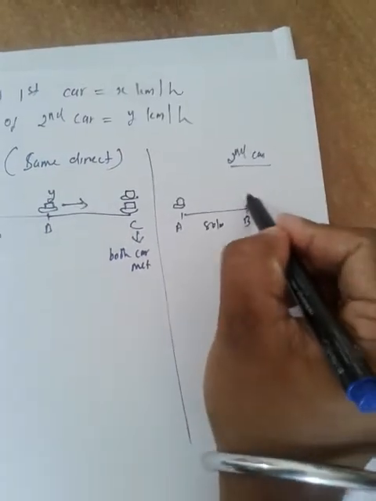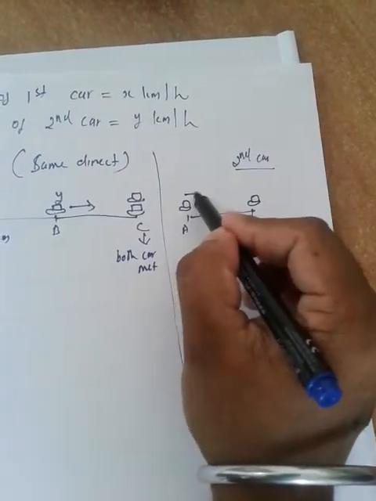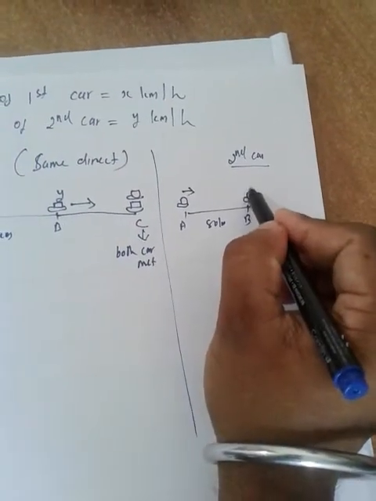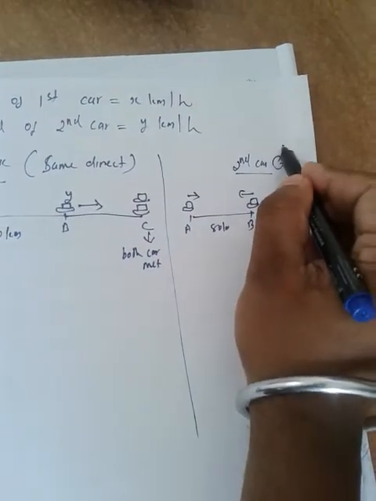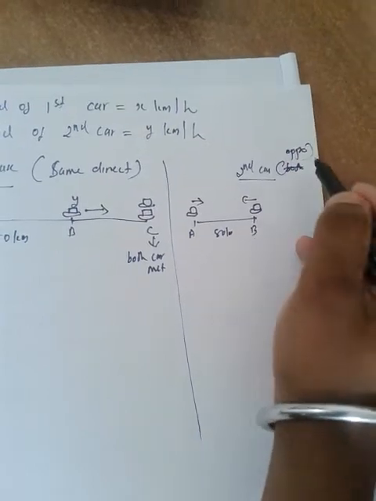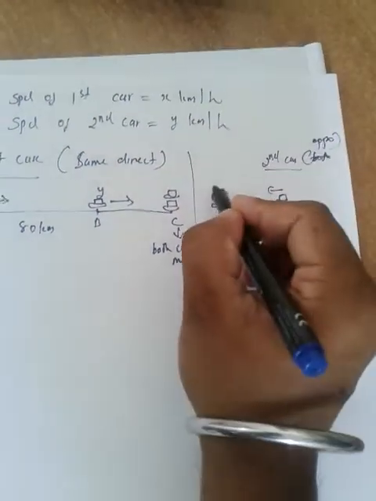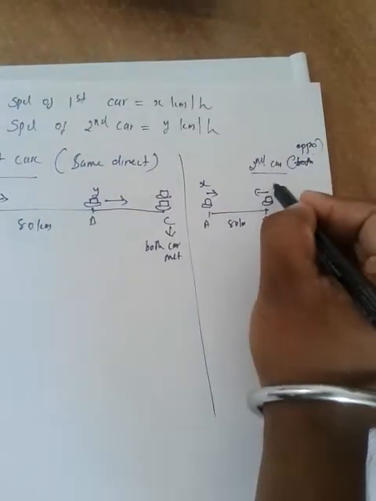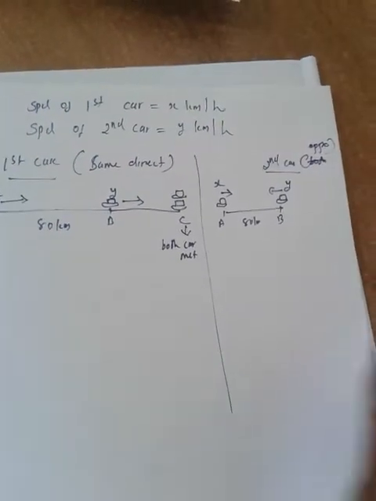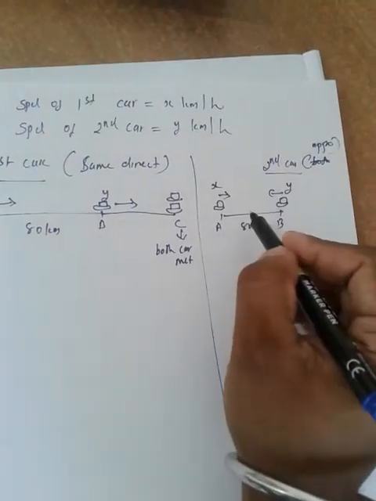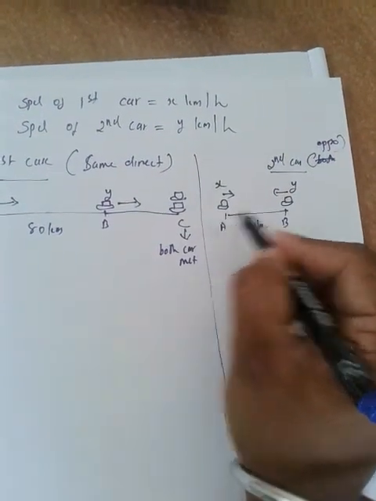And second case, here one car is there, here another car. If this car is traveling in this direction, this car has to travel in the opposite direction, because the second case is under opposite direction. Are you following me? And this car is traveling at a speed x, and this car is traveling at a speed y. Then where will they meet each other? They will meet at a point C, but that C should be in between A and B. Why?